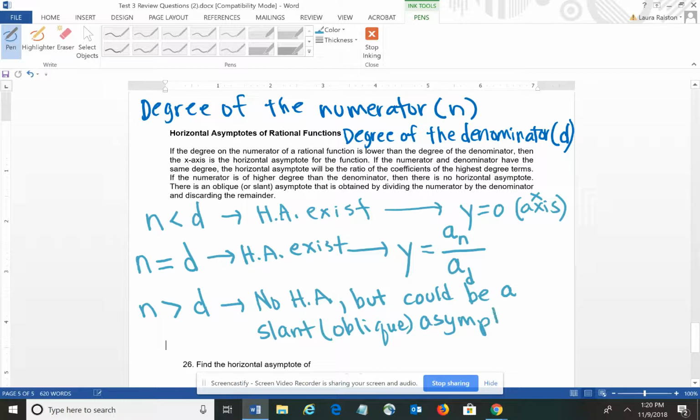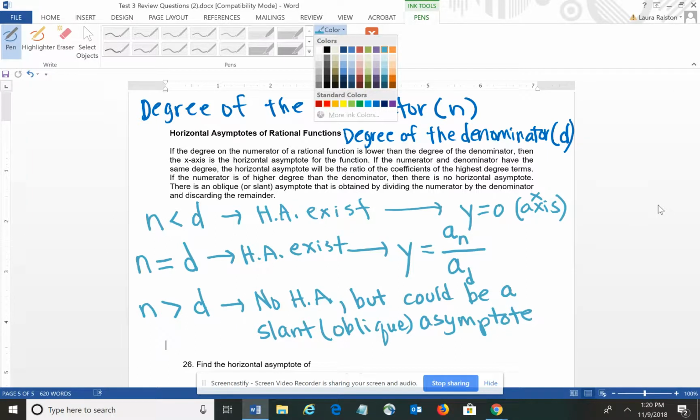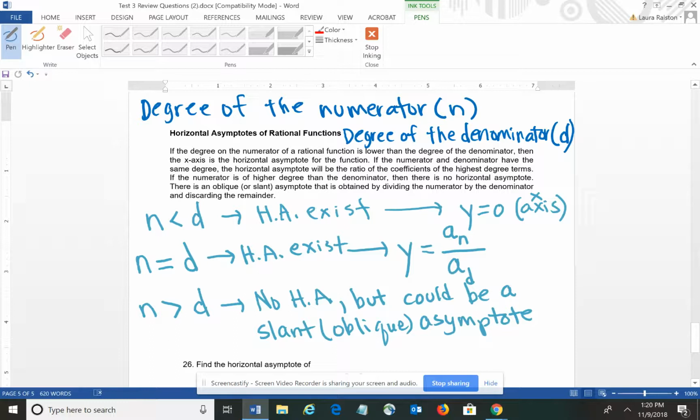Now, to have a slant or an oblique asymptote, what has to be true is that the degree of your numerator is the degree of the denominator plus 1. If the degree of the numerator is 1 more than the denominator, then you have no horizontal but a slant asymptote. You'll never have both. It's an either-or situation.